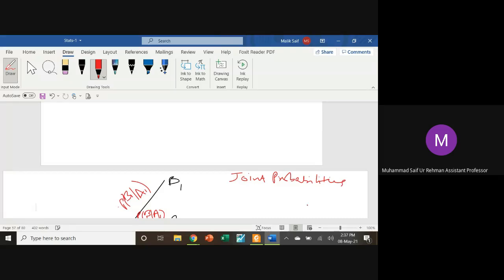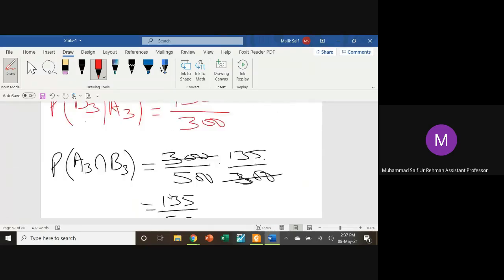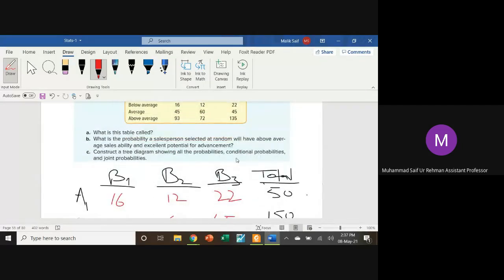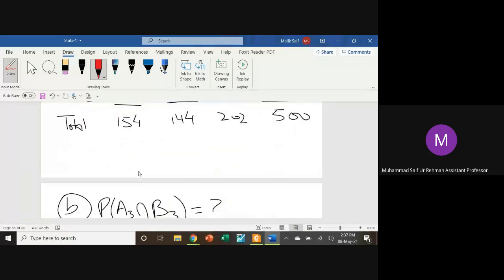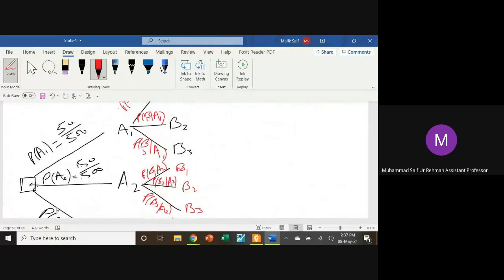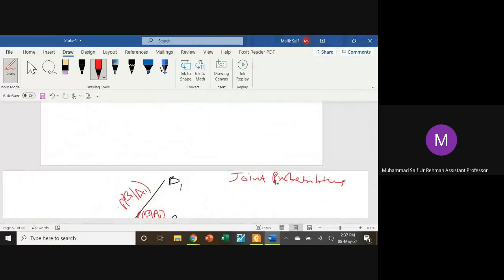Like this. Because if you see the question, these three are required: show all probabilities, conditional probabilities, and joint probabilities. So the simple probabilities are A1, A2, and A3. These are the conditional probabilities, and finally we will write down the joint probabilities.